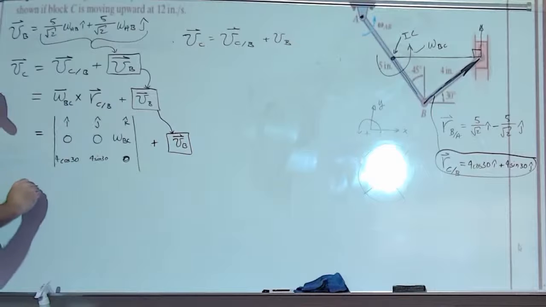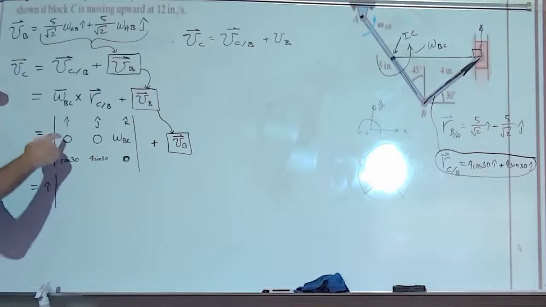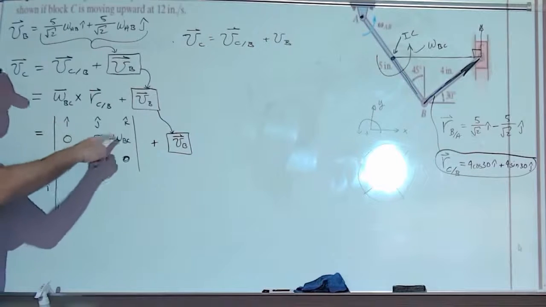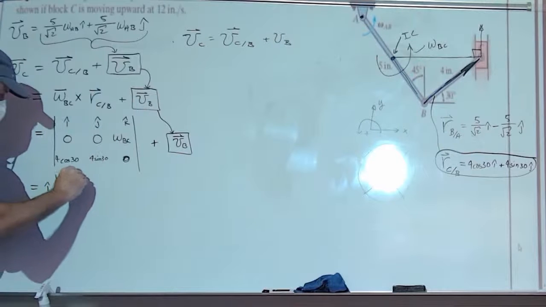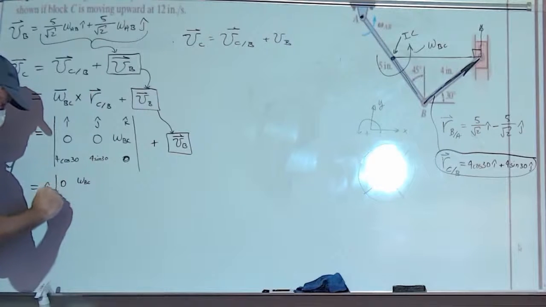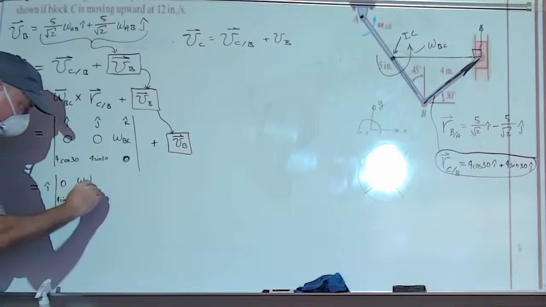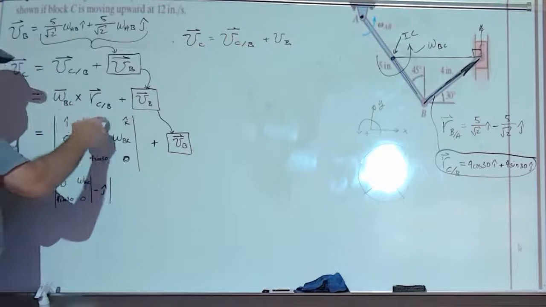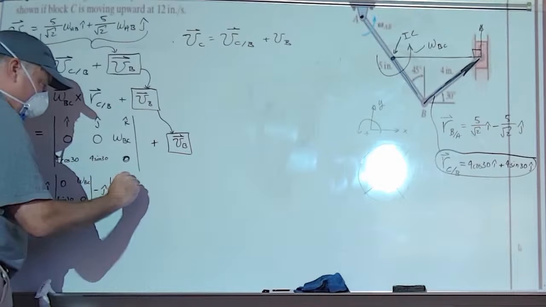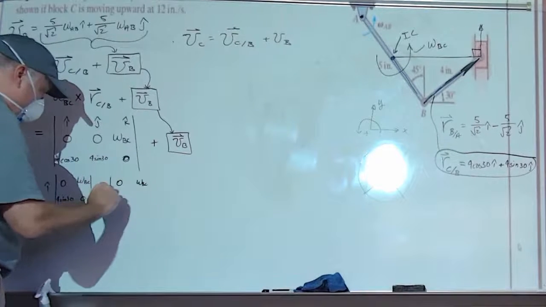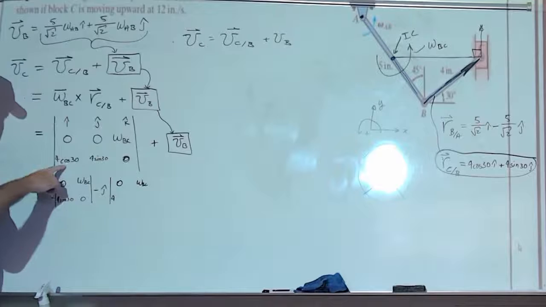So if I do a cofactor expansion here, this is gone, so I take 0, make it be omega BC times 4 sine of 30, 0, minus j, 4 cosine 30, 0.